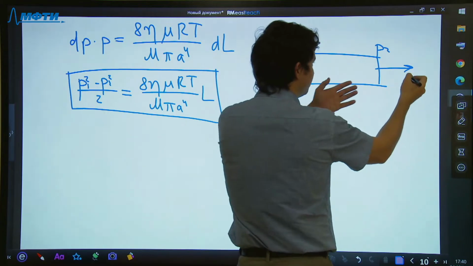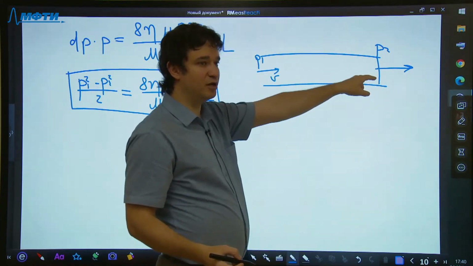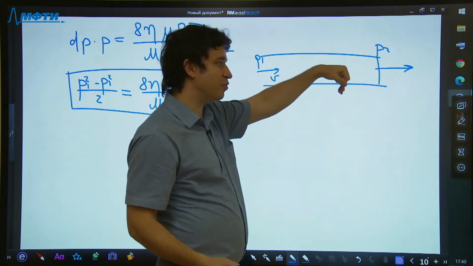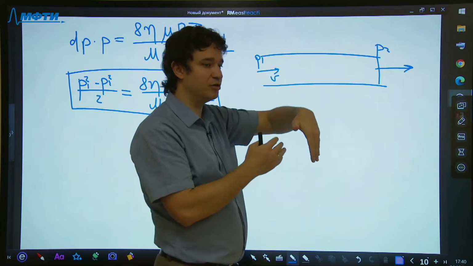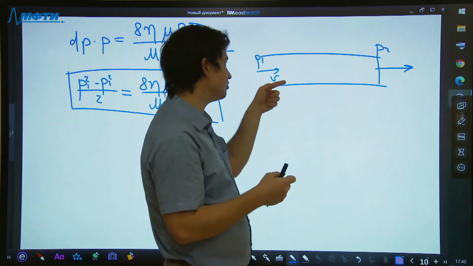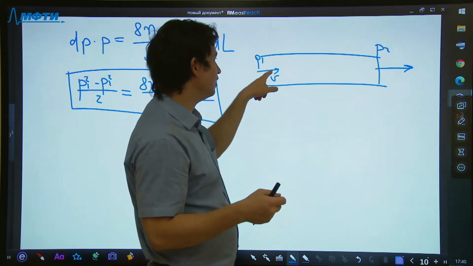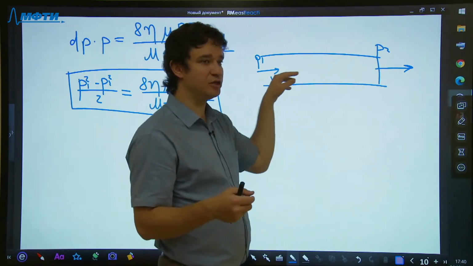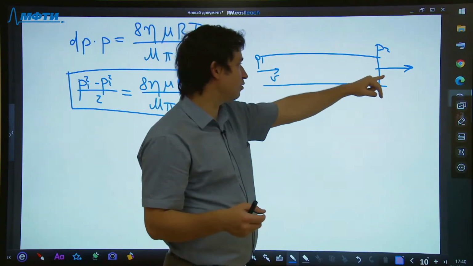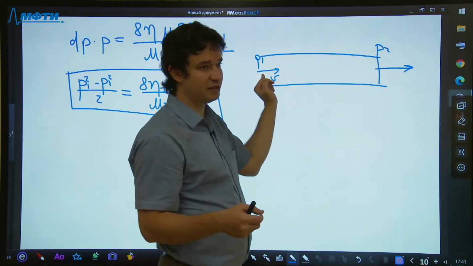So now it has larger velocity, because here the density is smaller, and since the density is smaller, we need to pump larger volume per unit of time in order to achieve the equality of mass coming into the pipe and coming out of the pipe. So in here, contrary to the conditions of the Hagen-Poiseuille equation, the velocity at the outlet is larger than the velocity at the inlet.